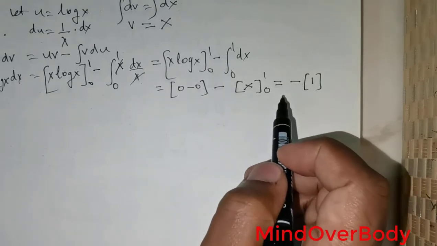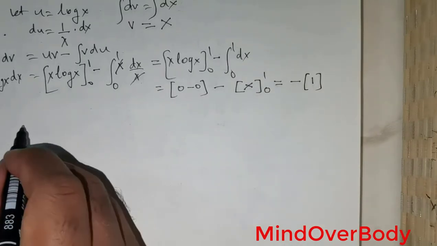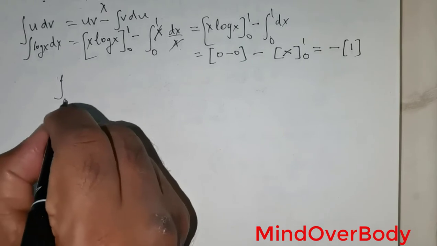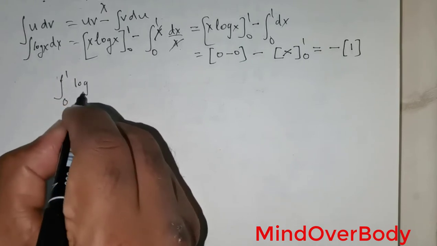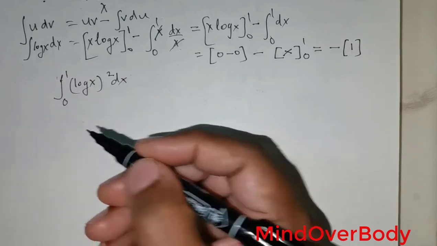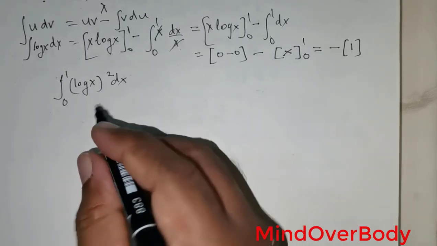So what would be the situation if we were to be given integral 0 to 1 log x raised to the power of 2 times dx? What would be the state?